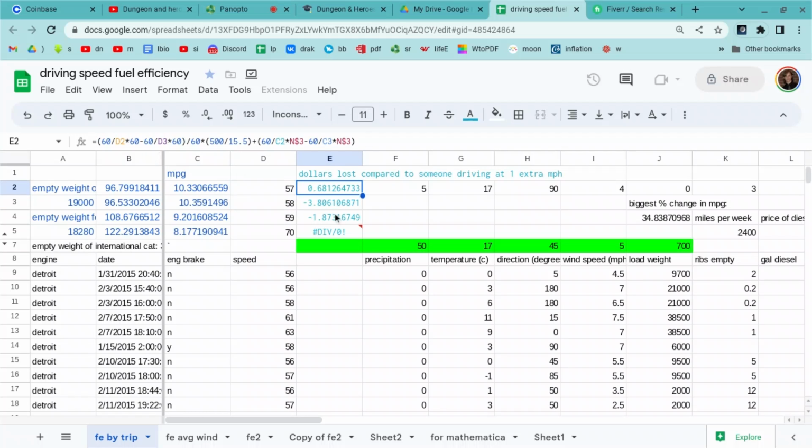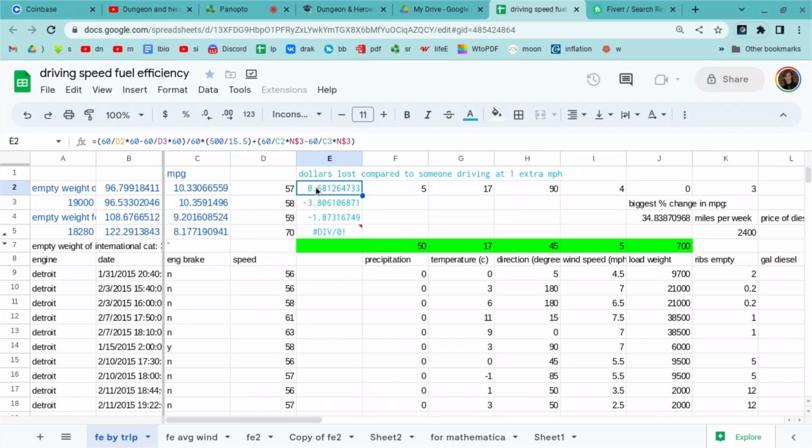This assumes I'm making $60 an hour while driving. So the faster I drive, the more money I make. I forget how I calculated it, but basically you understand that if I drive faster, I make more money.